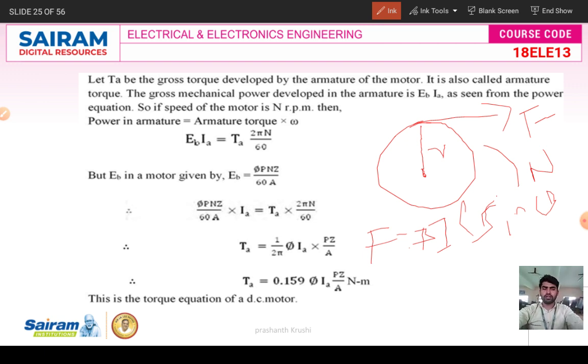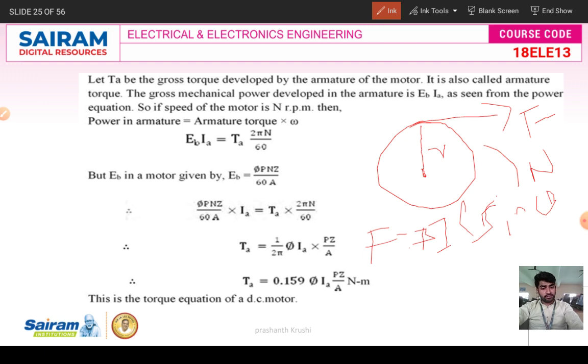The mechanical power is torque into omega, where omega is the angular velocity of the motor, 2 pi N by 60. So mechanical power developed by the motor is T into omega, and electrical power is EB into IA.